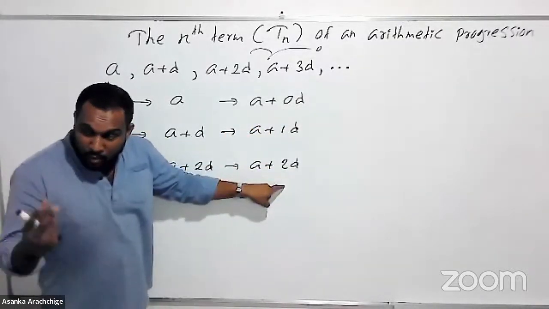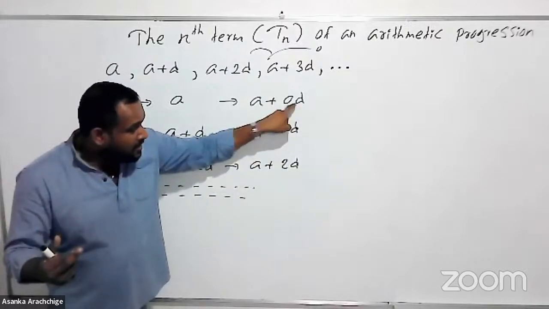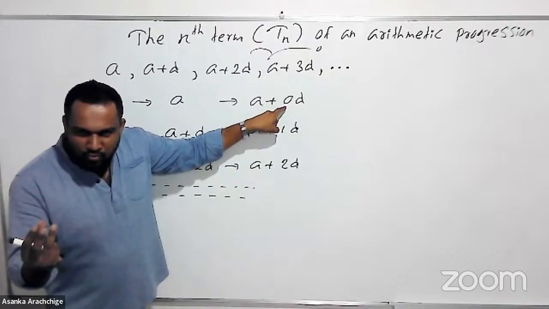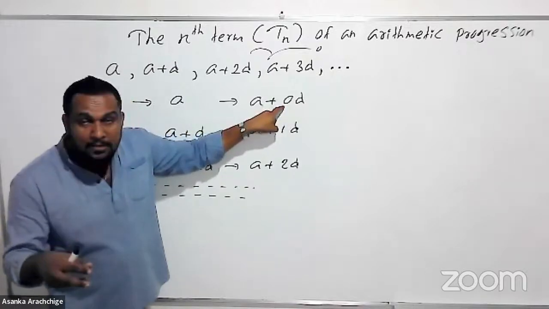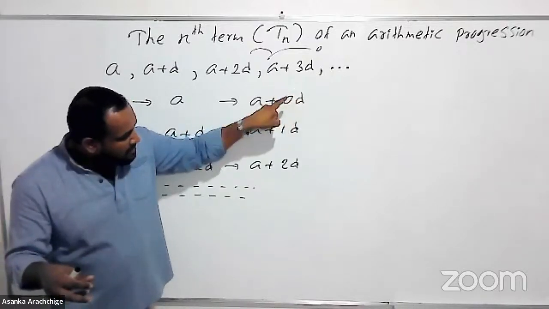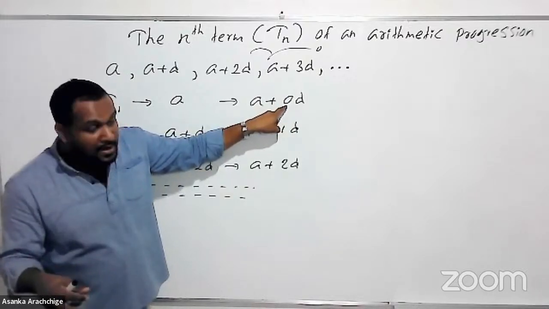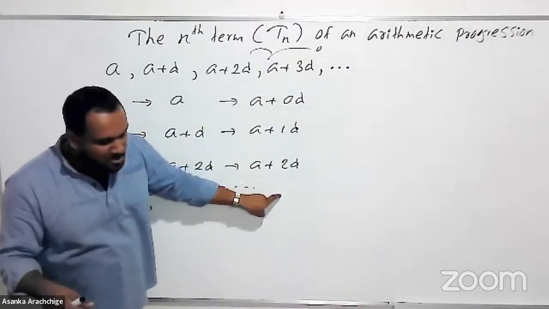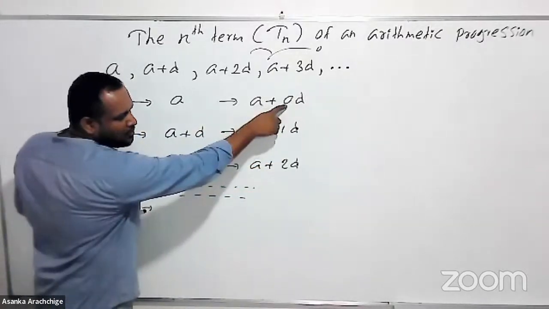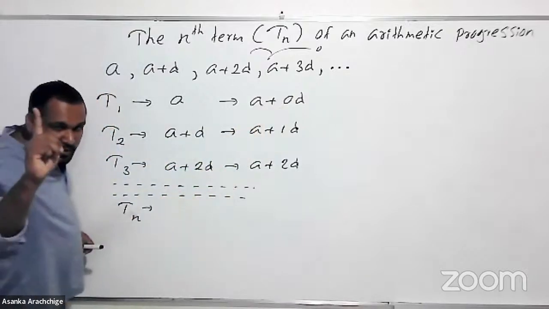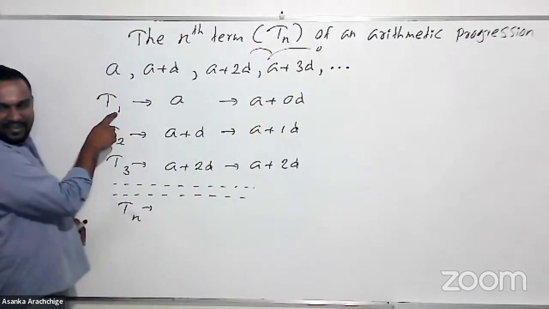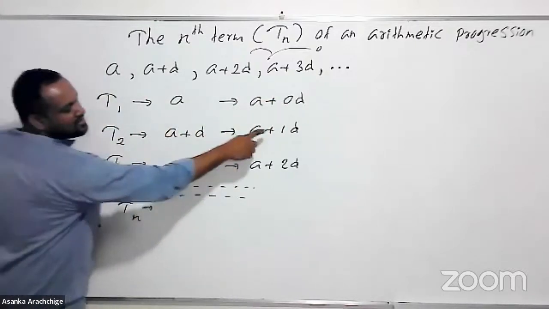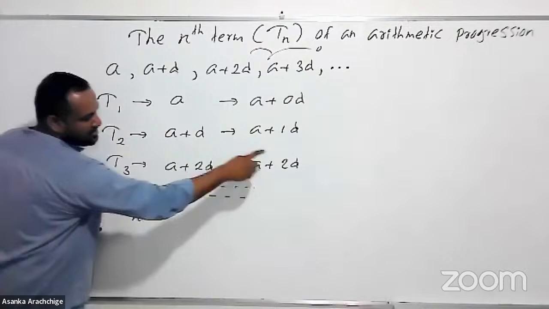The coefficient of D is the number with which D has been multiplied: 0, 1, 2, 3. Look, that coefficient is always 1 less than n. 1 minus 1, 0. 2 minus 1, 1. 3 minus 1, 2.